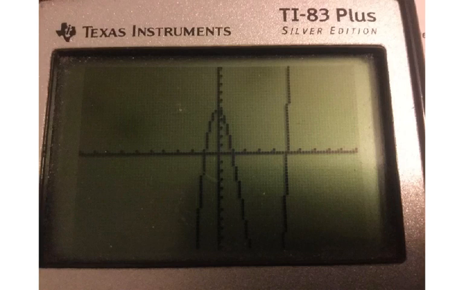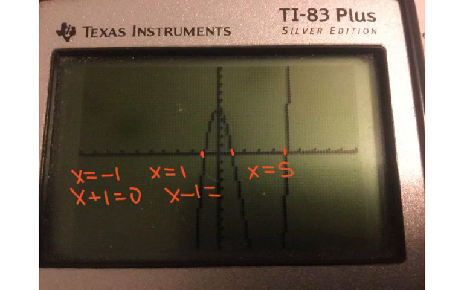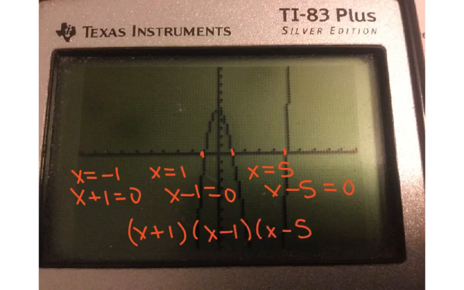Well, it's very easy to see that it looks like it hits at x equals -1, x equals +1, and x equals 5. So if those are the zeros, then the binomial factors are x plus 1, x minus 1, and x minus 5. And since it's a cubic function, there have got to be 3 zeros, so it turns out that this is the factored form.